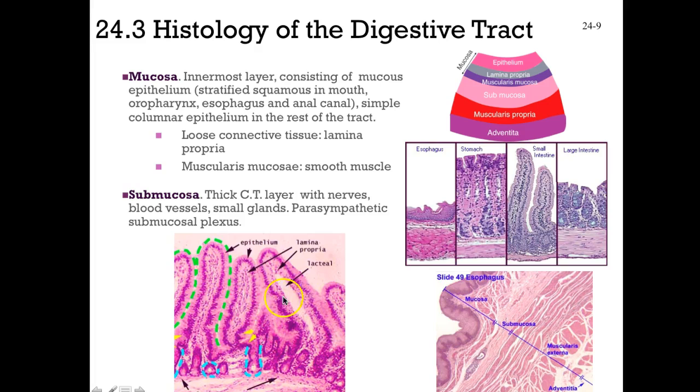And within the villi, we have blood vessels and lacteals. Lacteals are lymphatic capillaries that contain lymph within them. It's more of a fatty lymph, and fat shows up white because it can't pick up the dyes. And so that's what we're seeing over here, that fatty lymph being pulled away from the villi.